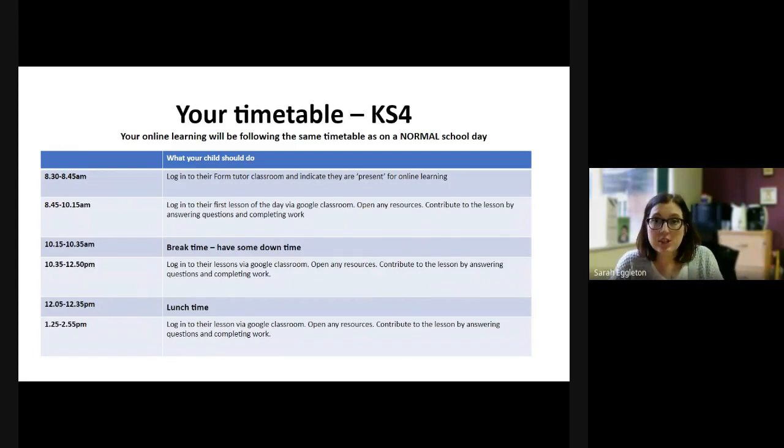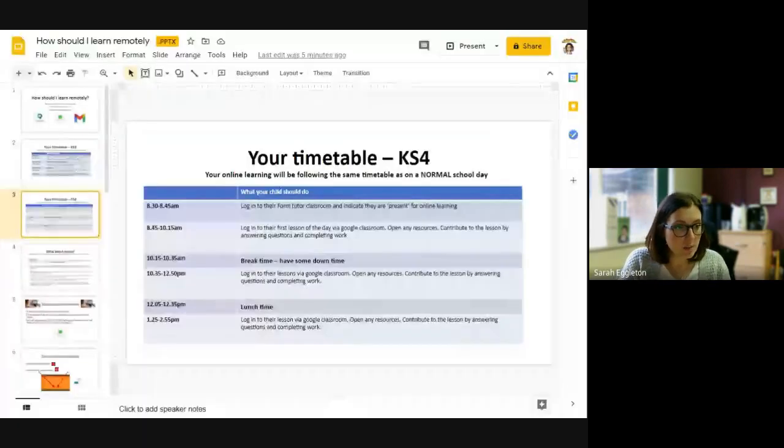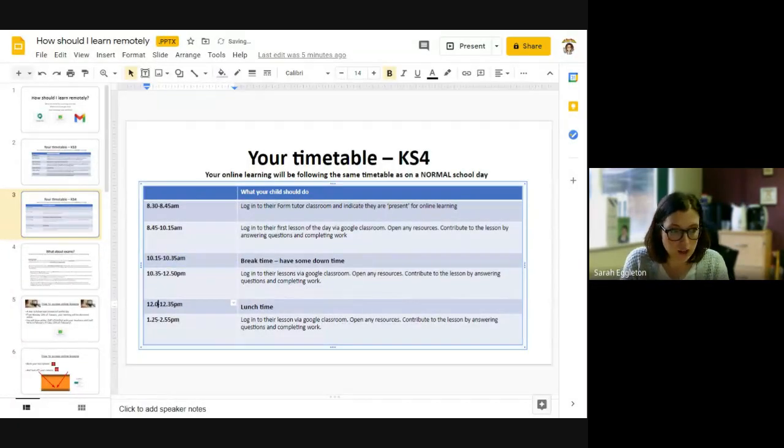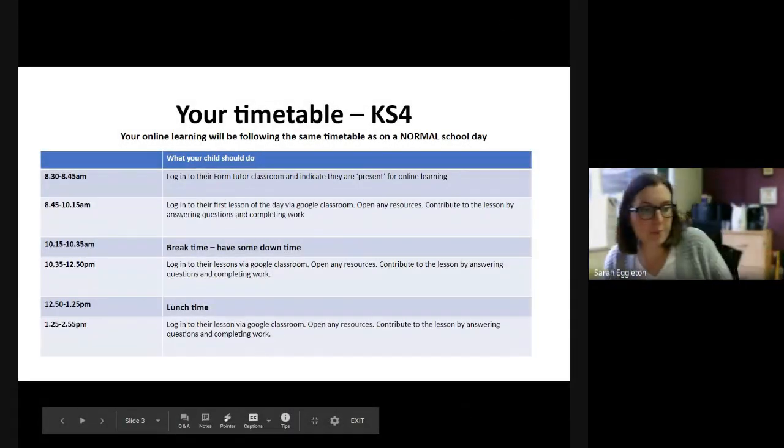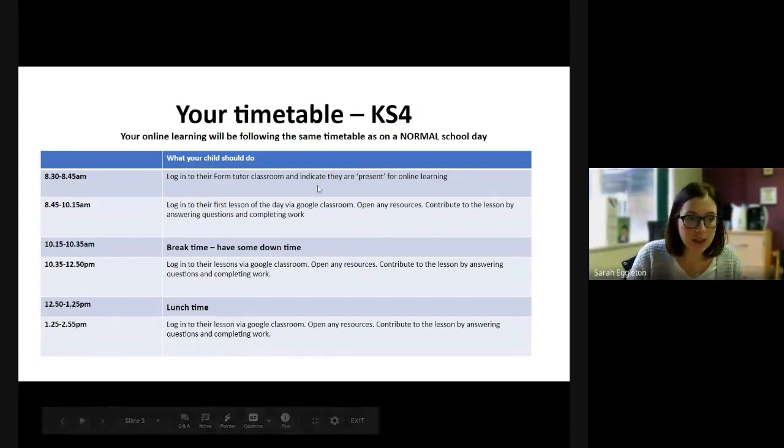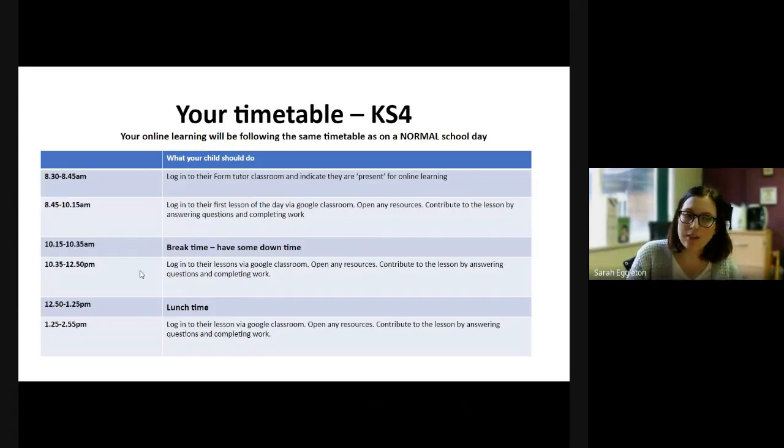The only difference from Key Stage 3 is that you have your lunch time a little bit later, which is not on this slide, but is actually 12:50 to 1:25 p.m. So your lunch will be a little bit later, and you will stay in lessons until 12:50.